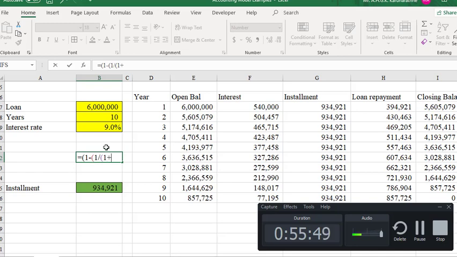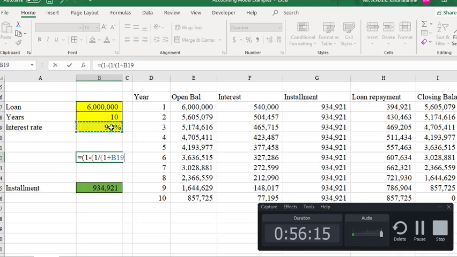We are not going to type the figures hardcoded inside the formulas. Input figures should be references to the input area, so 1 plus r should be a cell reference to the input area.